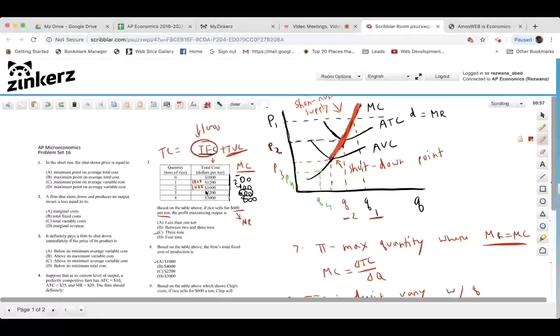Your marginal cost is not the same as your variable cost. This is total cost. 1,600 minus 1,000, not from your total cost at 1. Total cost for the quantity of 2 is 1,600. So you are not doing change in total cost, right?